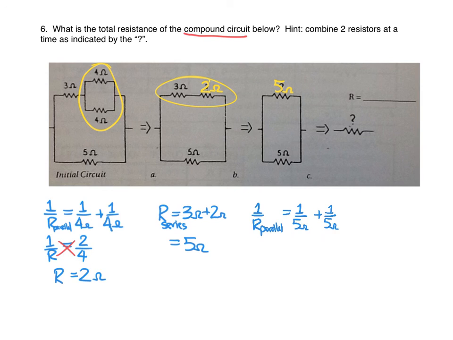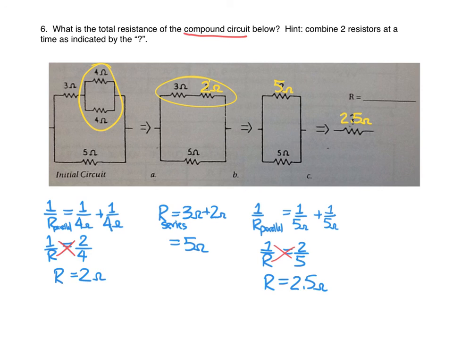So it's going to be 2/5. That's not the final answer because that's 1 over R. So again, if I flip it, or if you want to cross multiply, R is going to be 5 over 2, which 5 divided by 2 is 2.5 ohms. So that is our final answer, 2.5 ohms.